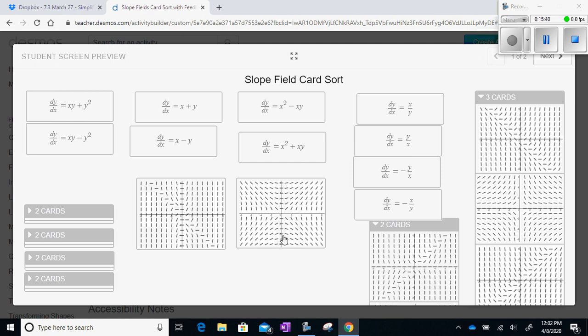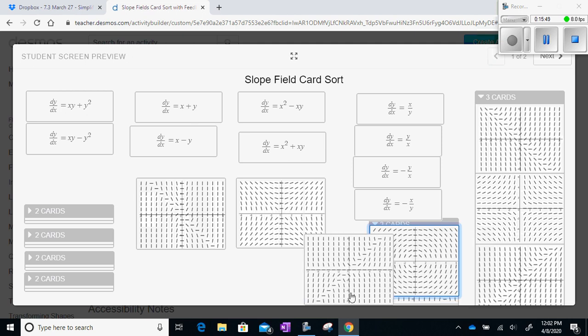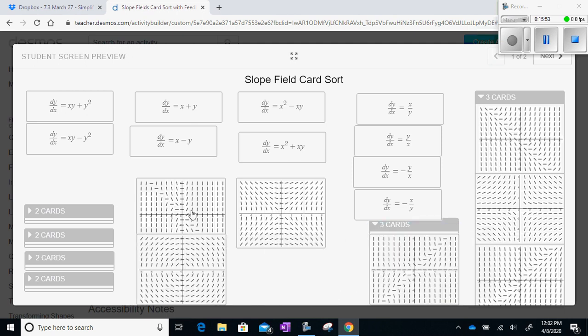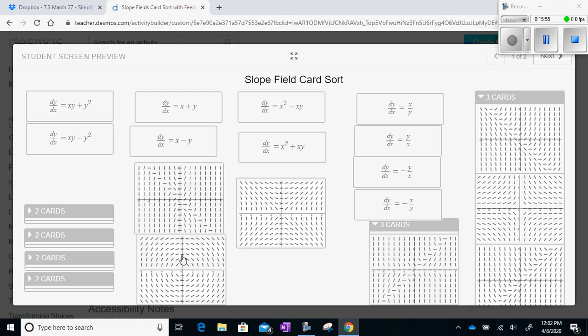So letting x equals 0 makes the slope equal 0. These two cards are very particular with that. This card does not do that. Oh, and look, this one does. Do you see how on my y-axis here I've got a 0 slope again?